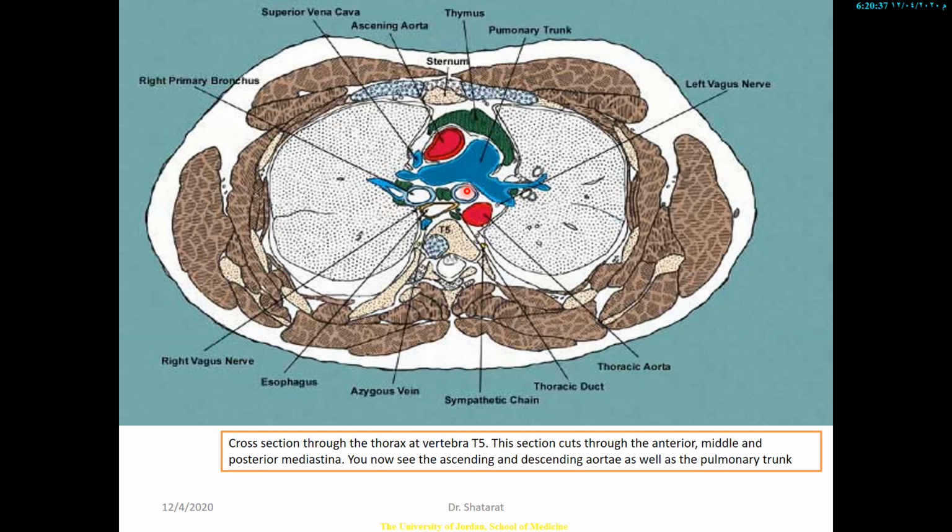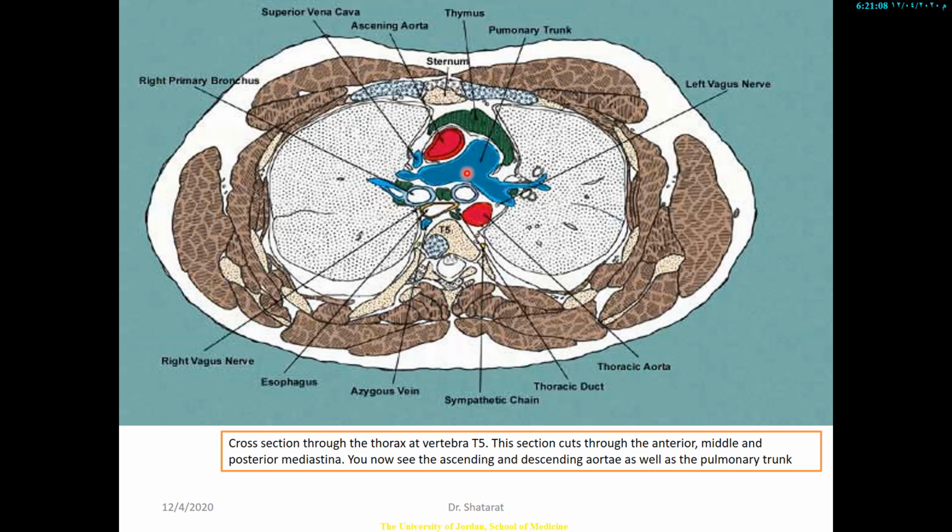Behind them, as we many times mentioned, are the right and left main bronchi. Remember, the trachea ends at the level of the intervertebral disc between T4 and T5. Now we are at the level of the 5th thoracic vertebra. It means we wouldn't see the trachea itself, but we would rather see the main bronchi.